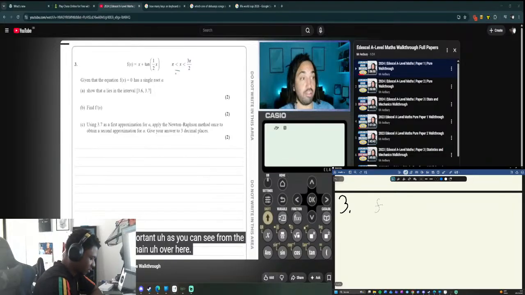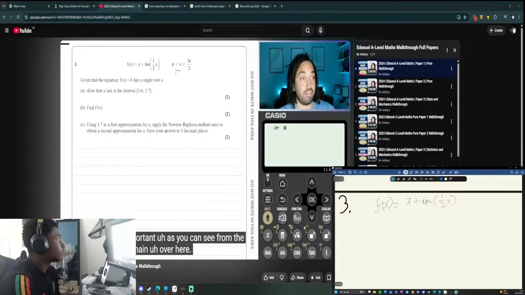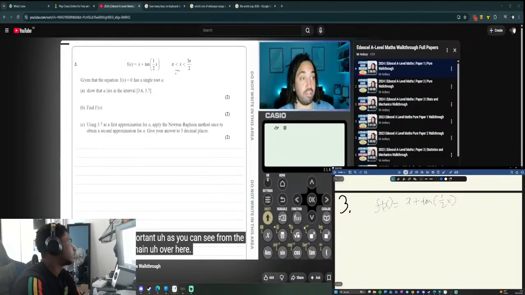But we start with a function. This is how we start the question. Lay the groundwork. And then okay, so this is where it's valid.